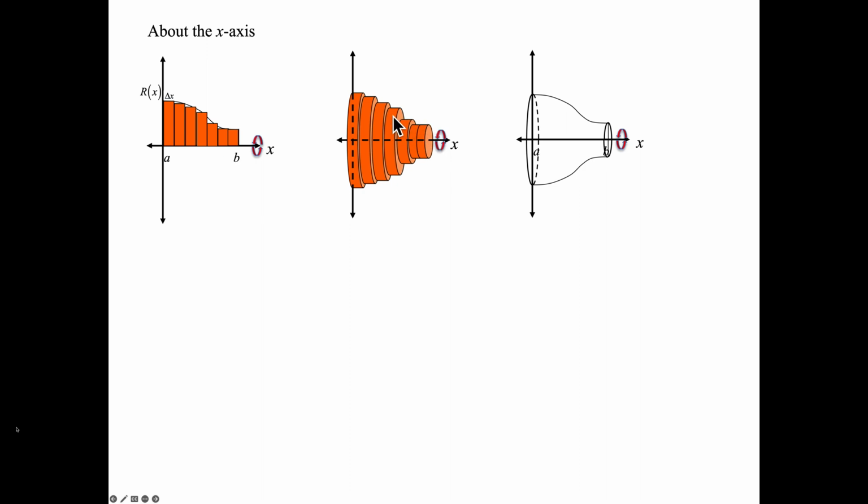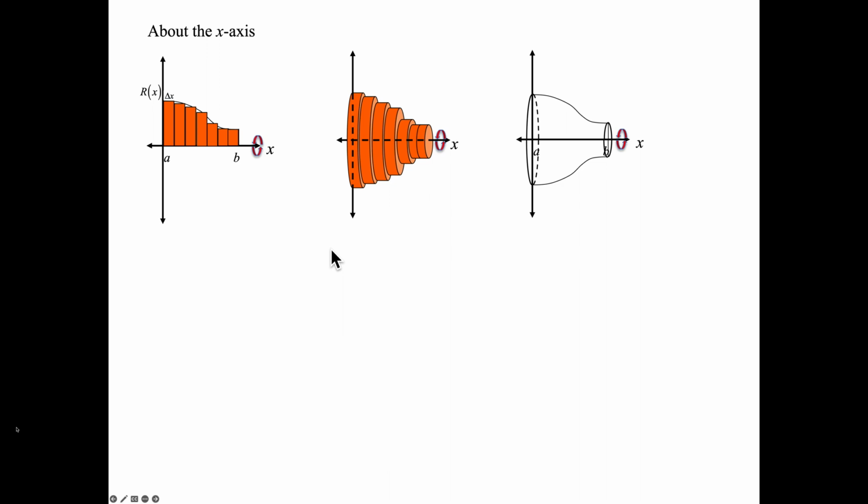If we make these really thin, the picture of my revolution for finding the volume of this solid would be to take the top function, flip it over that line of revolution, and draw a circle on the left side and a circle on the right side, and there will be our picture of our three-dimensional object.